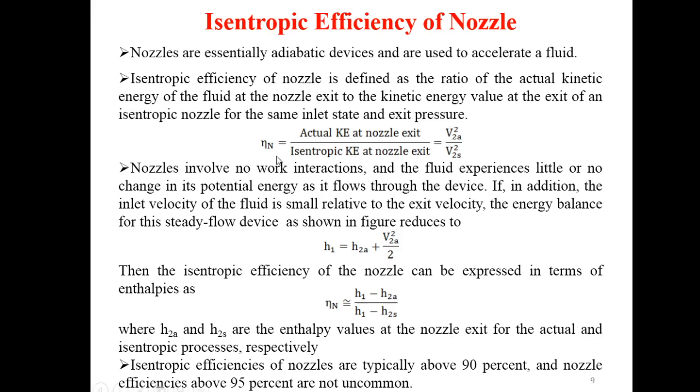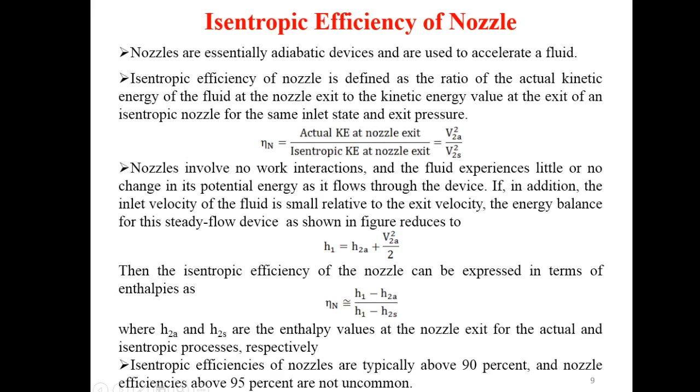So efficiency of nozzle equals actual kinetic energy at nozzle exit divided by isentropic kinetic energy at nozzle exit, which is half m v squared. In numerator and denominator, m is common and cancels out, half is common and cancels out. So what is left is V2a squared divided by V2s squared.